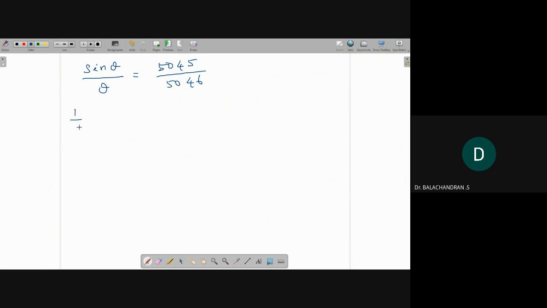Which implies 1 by theta into the sin theta expansion, which is theta minus theta cube by 3 factorial plus theta power 5 by 5 factorial minus and so on, equal to 5045 divided by 5046. So now throughout divide by theta.